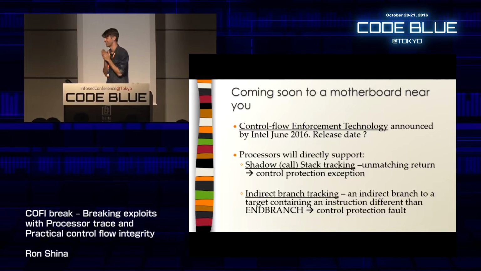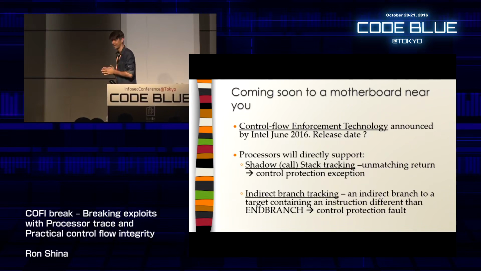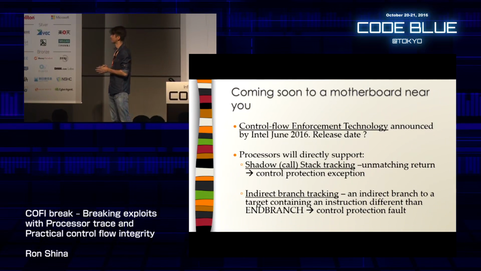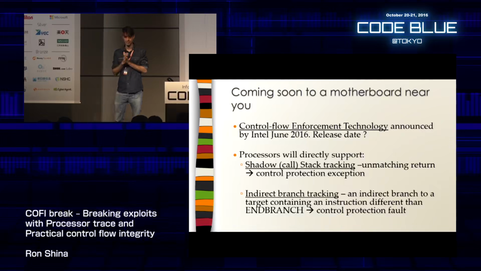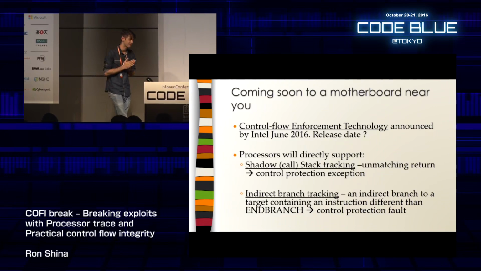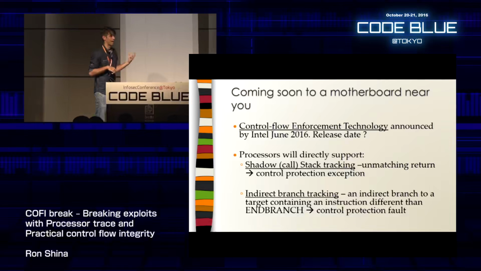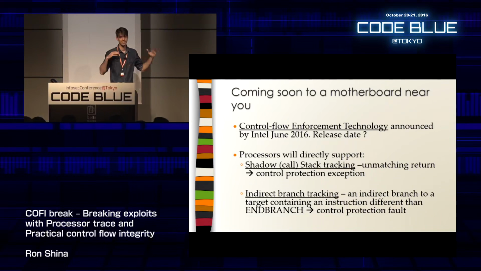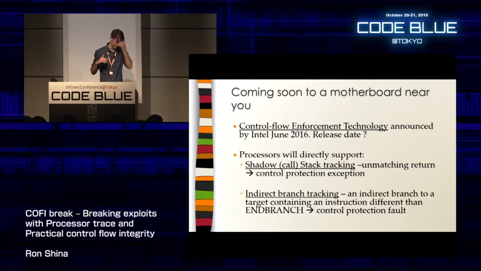Coming soon to our motherboard near you, in June, Intel announced Control-flow Enforcement Technology, which deals with two of the problems that I mentioned. So if you've been paying attention, what we're actually doing is saving a shadow call stack, or at least for the returns. And it would be nice if the processor would just do that for you.